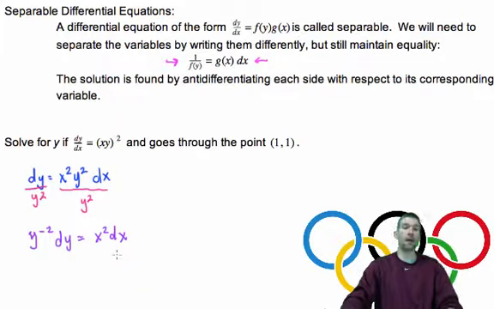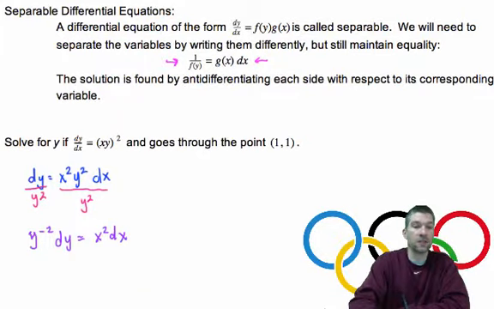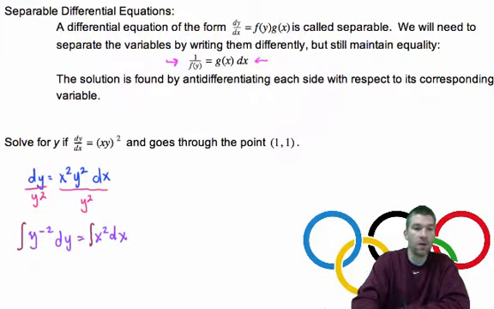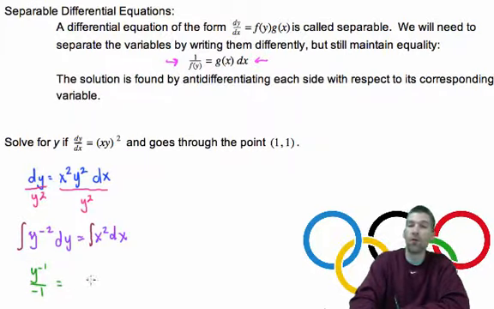And from here, we're just going to integrate both sides. Now we've got y dy, x dx. We can integrate these. And remember, when you integrate, you add 1 to the exponent and divide by the new exponent. So on the left, I'm going to get y to the negative 1 over negative 1. And on the right, I'm going to get x cubed over 3 plus c.